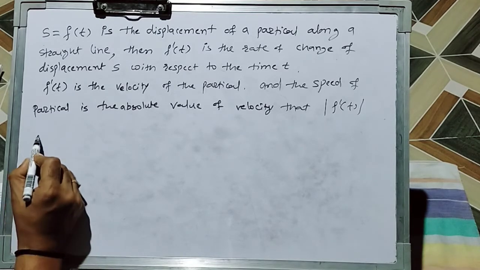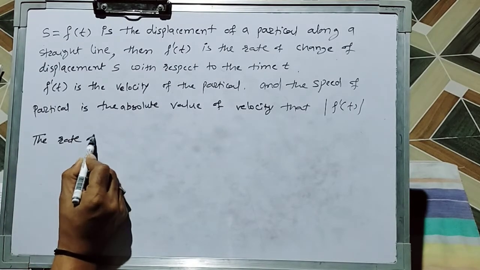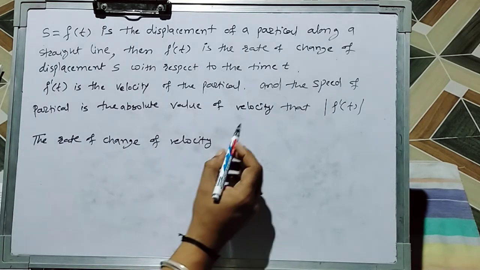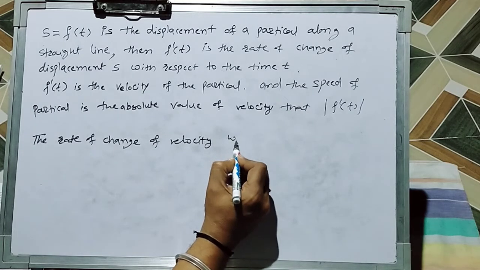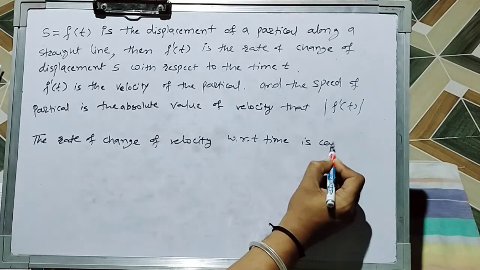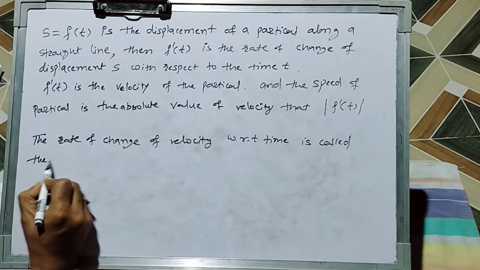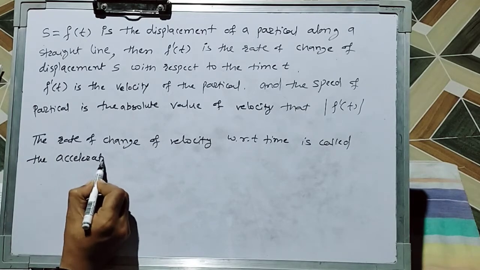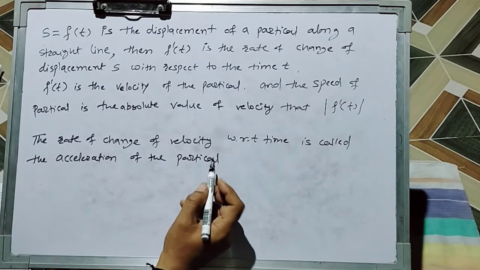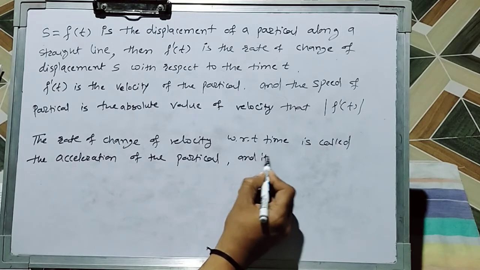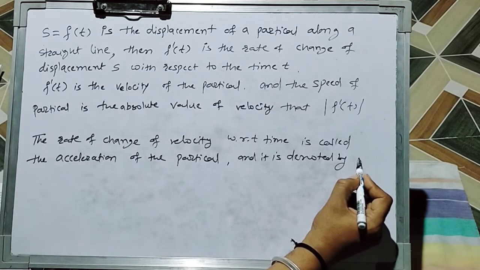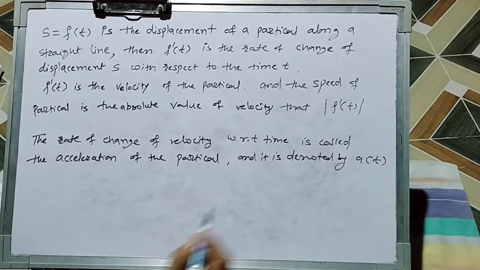So secondly, the rate of change of velocity with respect to time is called the acceleration of the particle, and it is denoted by a of t, acceleration.